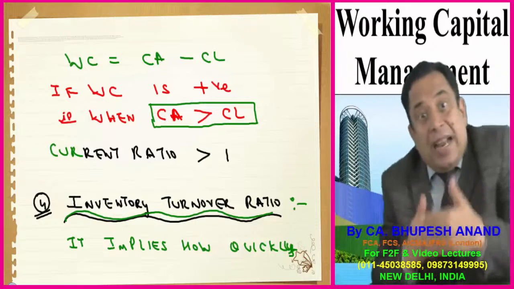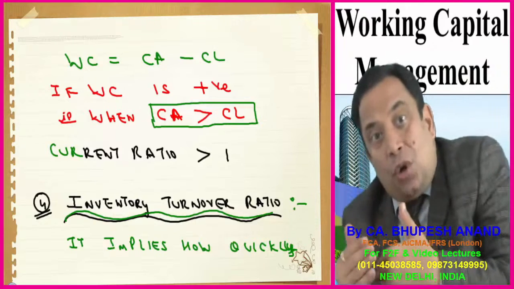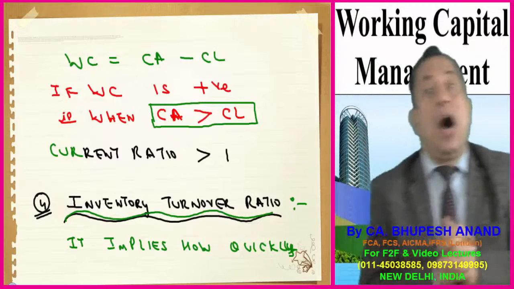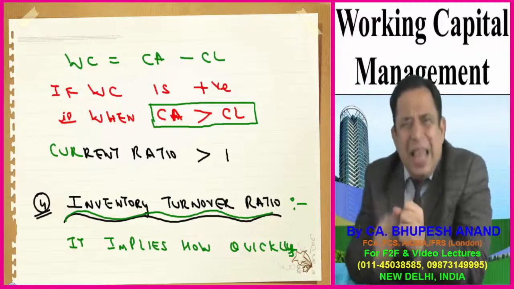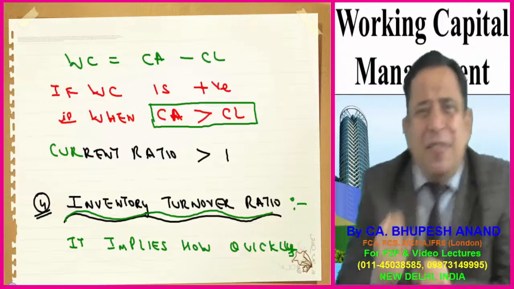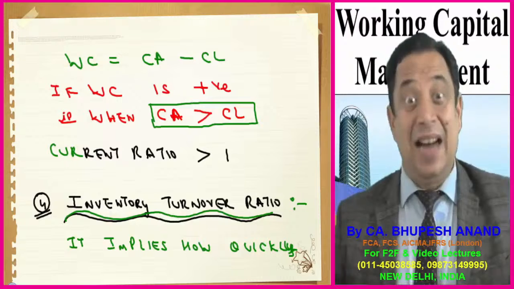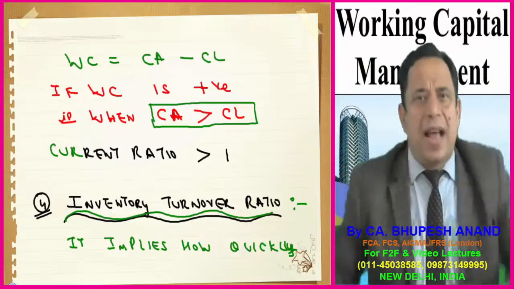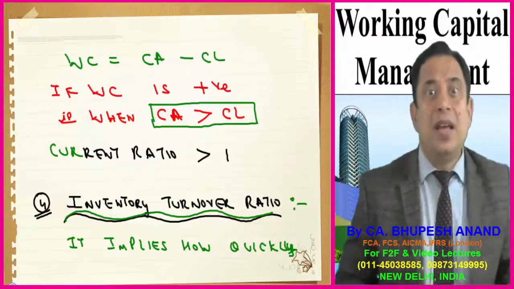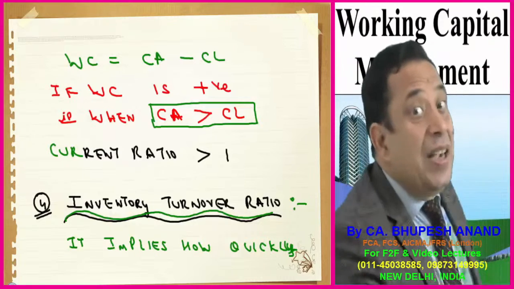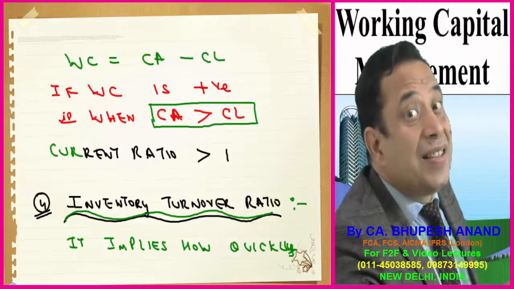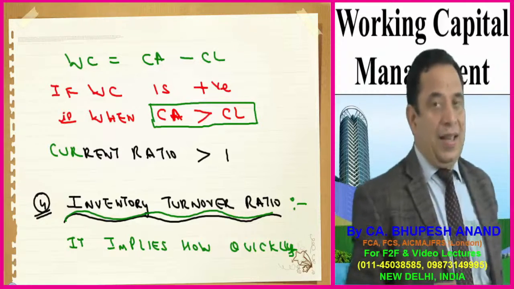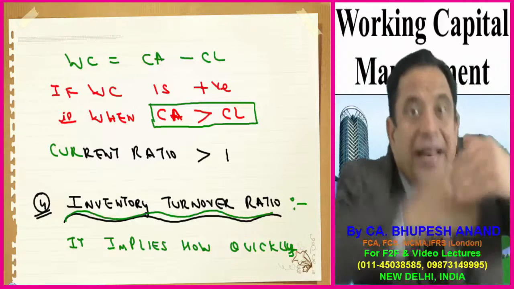I want to tell you how quickly my inventory is being sold. If firm A has a high inventory turnover ratio, as an analyst it implies so many things to me. It means the inventory of that firm is quickly being sold, that is, it takes more turns.